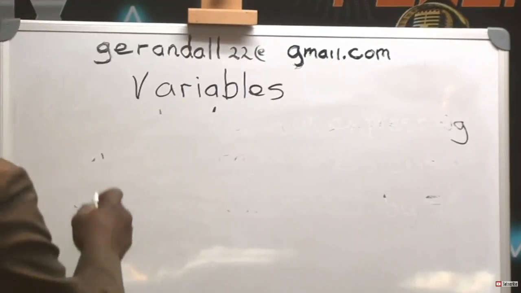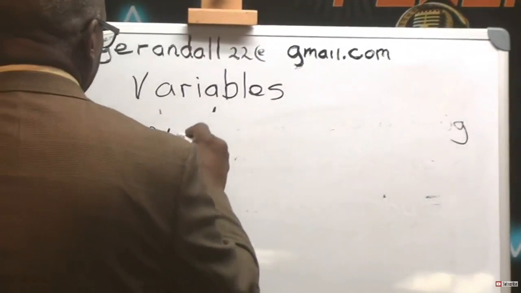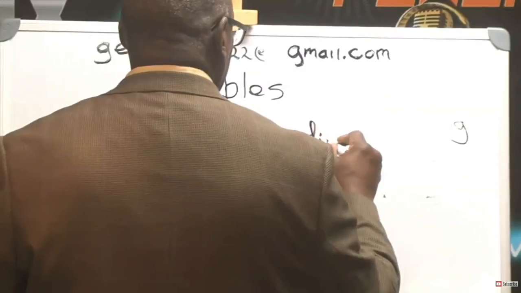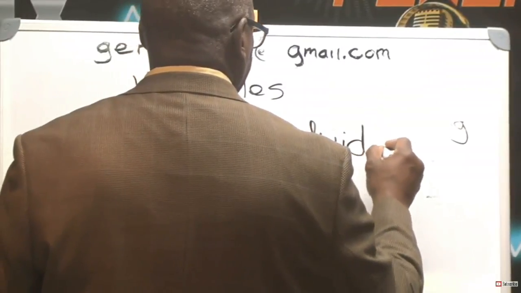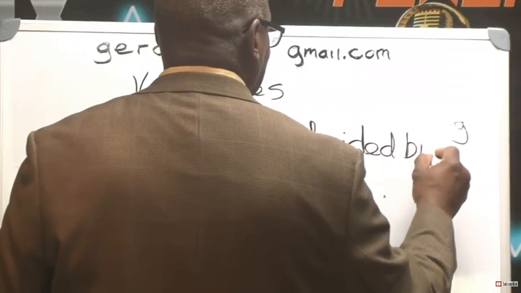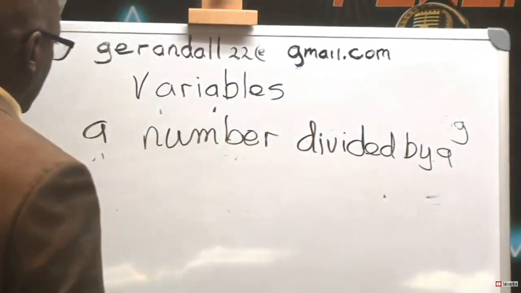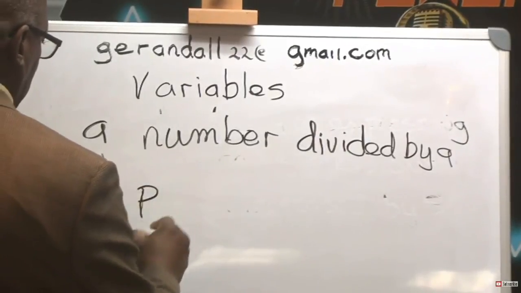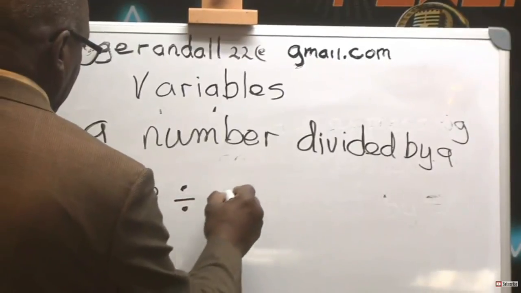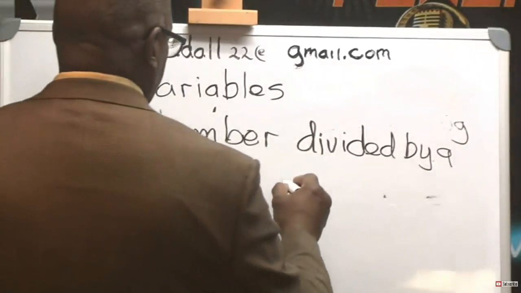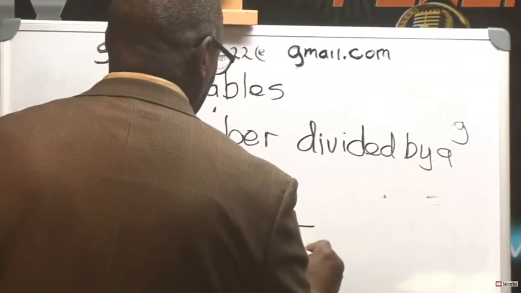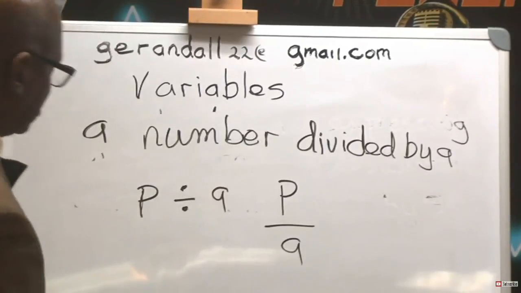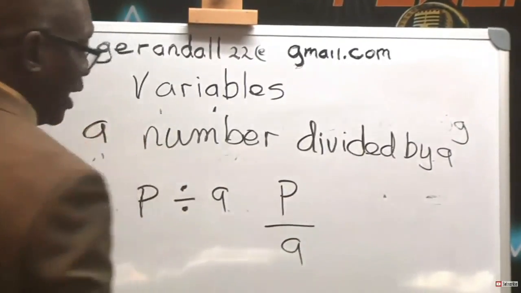If I write out a number divided by 9, and again, P, you can either do P divided by 9, much easier than writing that out.